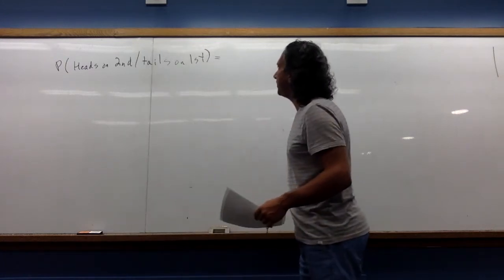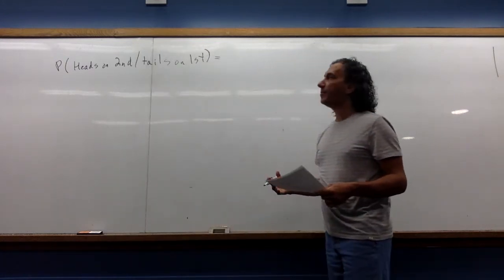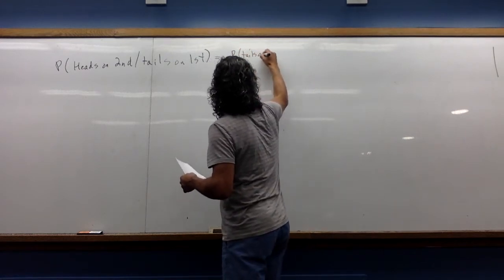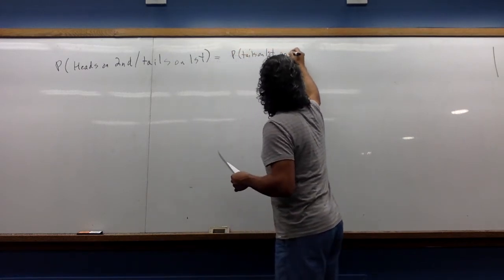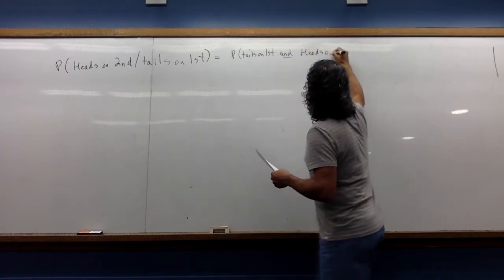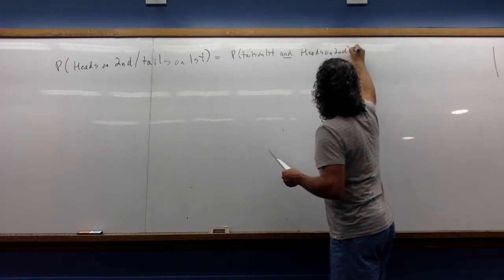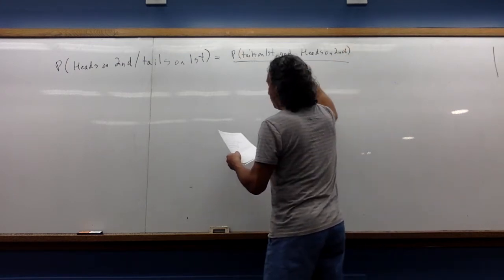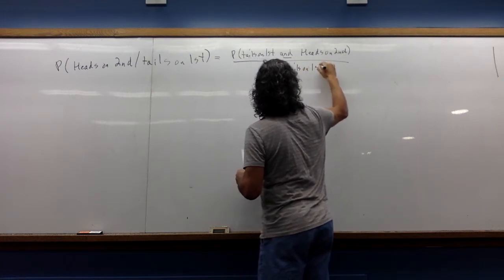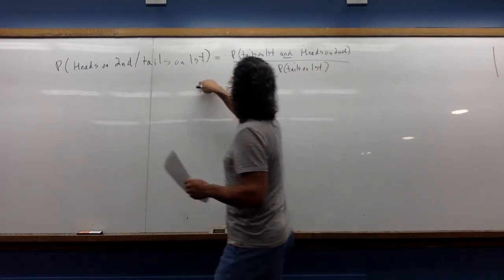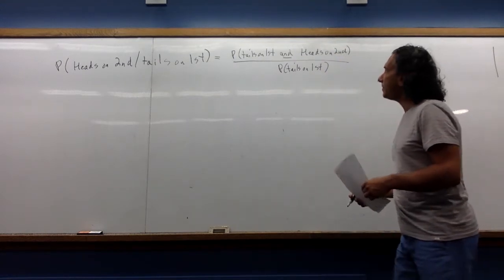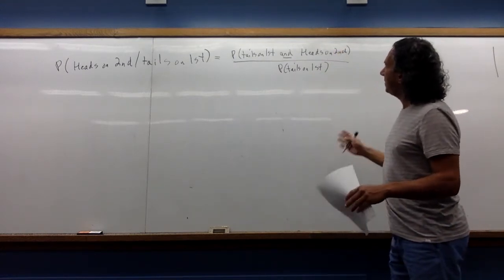With this conditional probability, this is the probability of tails on first and heads on second over the probability of tails on first. So B given A, we have A and B over the probability of A.